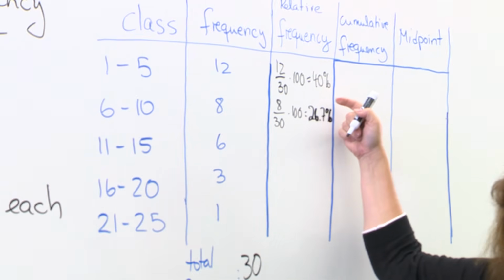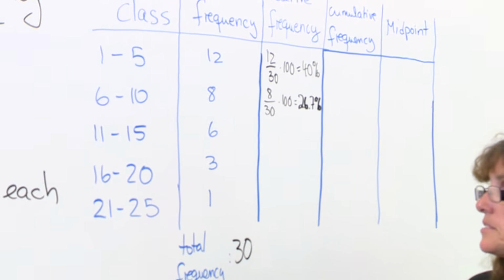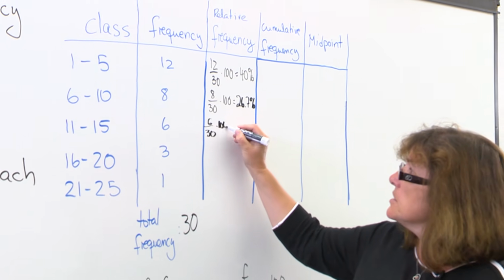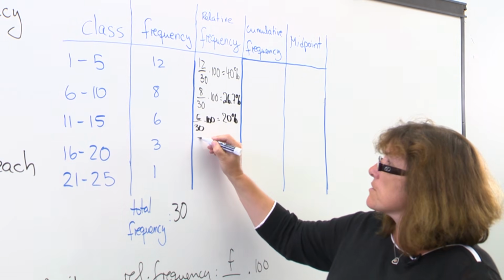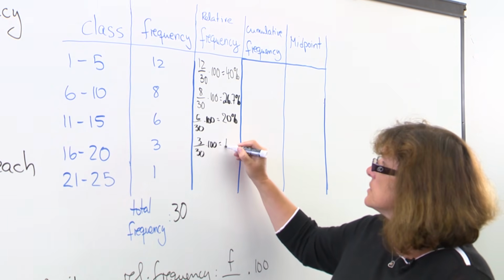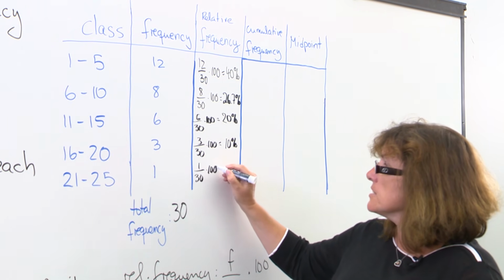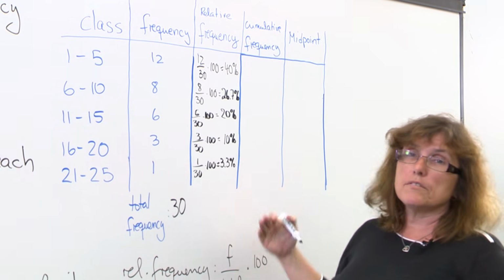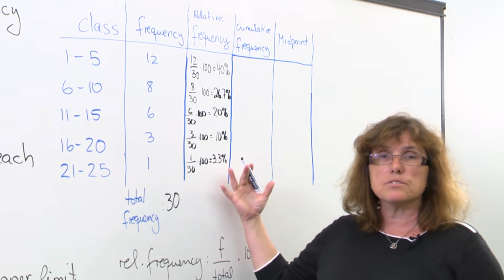When you find your relative frequencies, you want to make sure that you round your percentages to 1 decimal place. 6 divided by 30 times 100 is 20%. 3 divided by 30 times 100 gives us 10%. And 1 divided by 30 times 100, 3.3%.